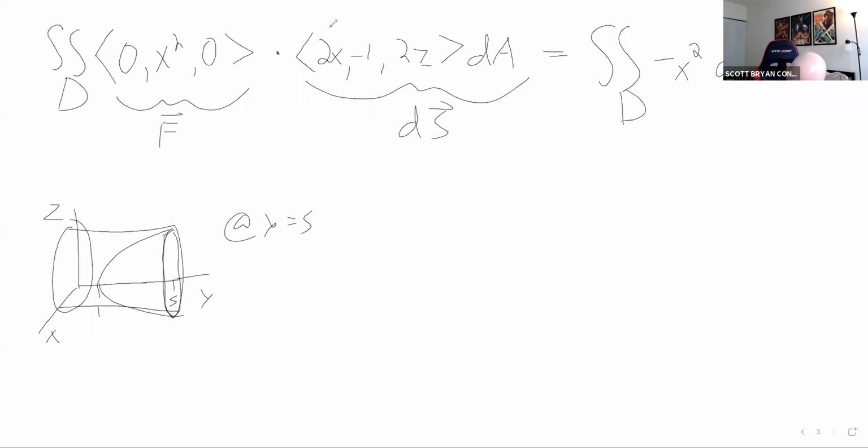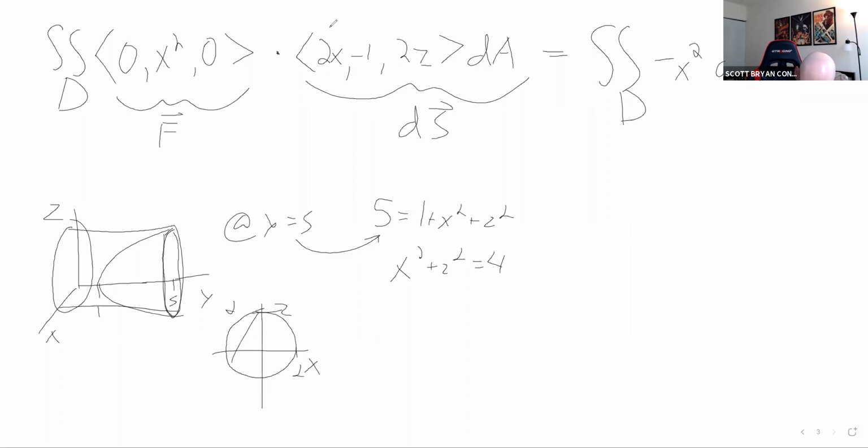So y equals 5, we have 5 is equal to, that's y, 1 plus x squared plus z squared. Or in other words, x squared plus z squared equals 4. That's the shadow on the xz plane. That's the outer bit. So in the xz plane, we look at everything inside the circle x squared plus z squared equals 4.